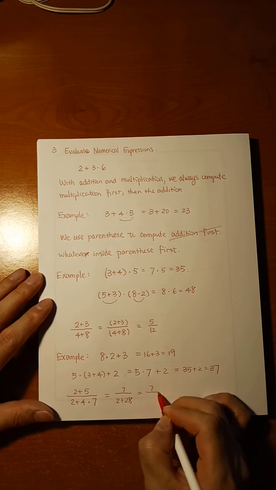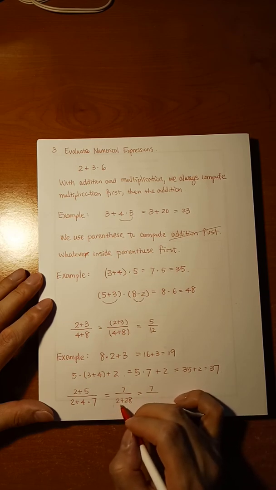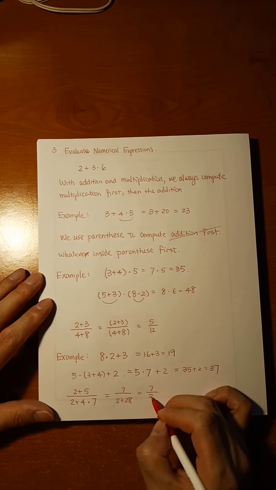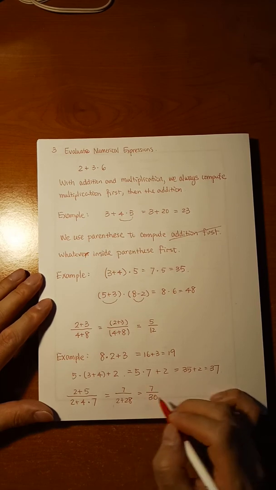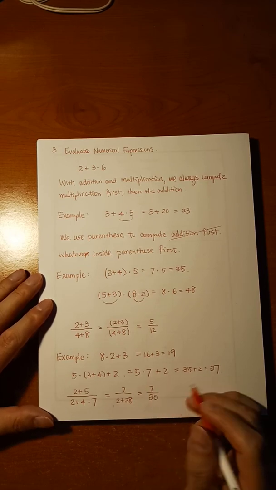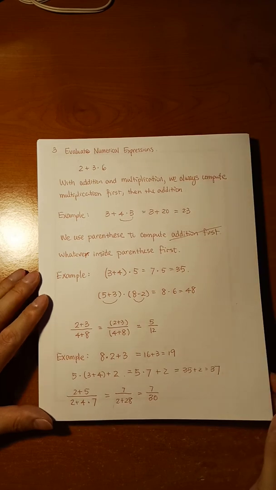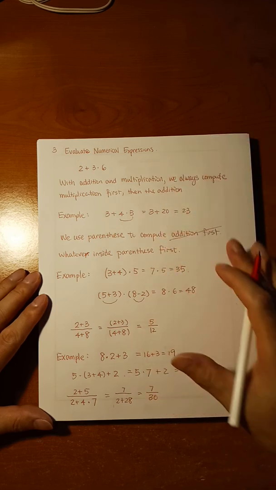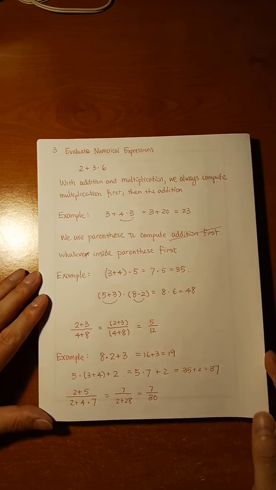And then you add the denominator. You see here, the denominator is 2 plus 28, which is 30. So the expression is 7 over 30. Okay? Yeah, I'm sorry about the blur of the few part. You just check this.